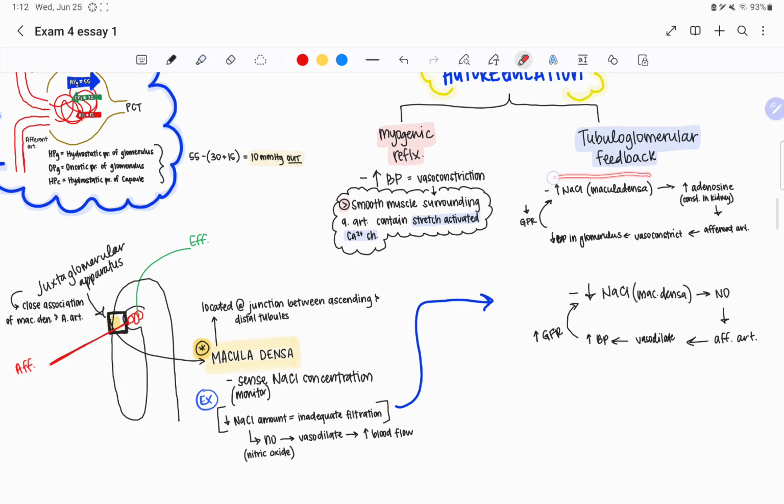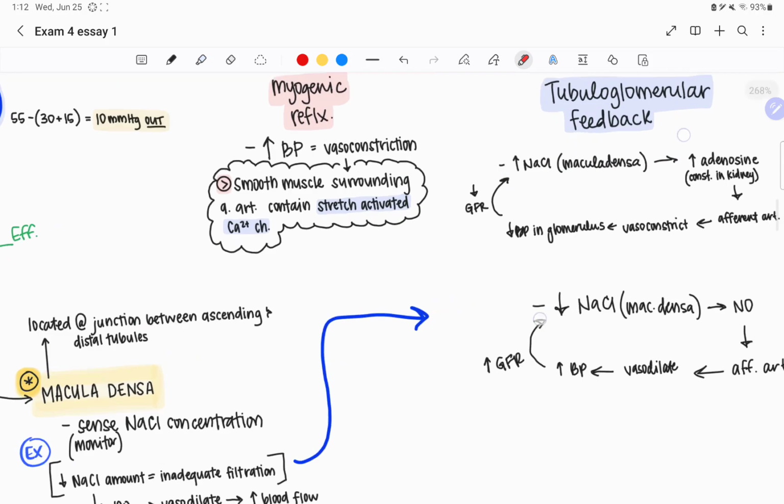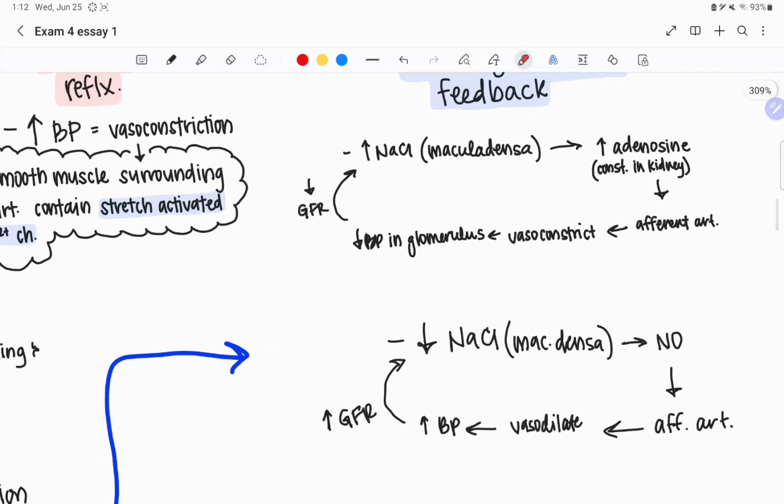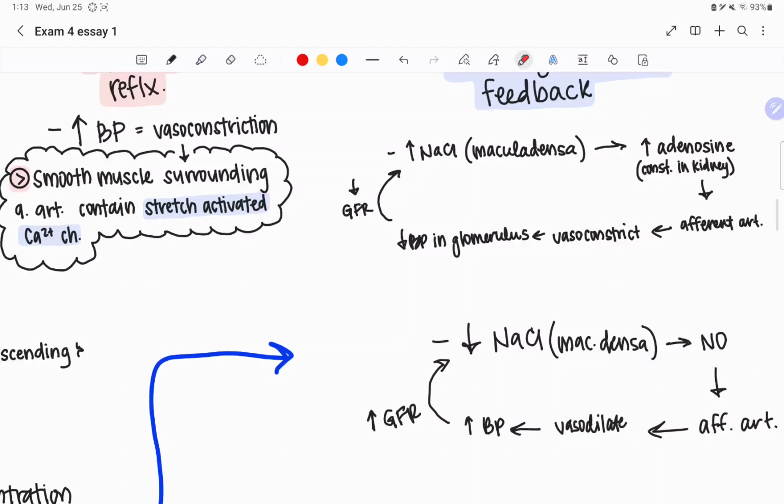So if the macula densa senses an increase in sodium chloride, then it's going to go here and it's going to cause an increase in adenosine, which is a constrictor in the kidney. That adenosine acts on the afferent arteriole, which causes the afferent arteriole to vasoconstrict. And when that vasoconstriction happens, that helps lower our blood pressure.